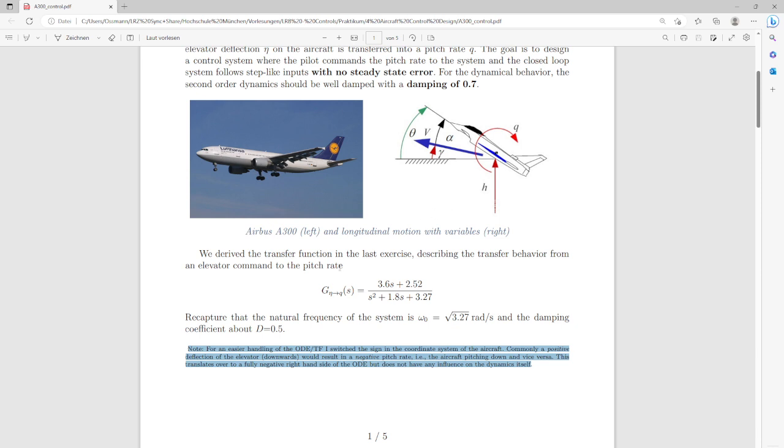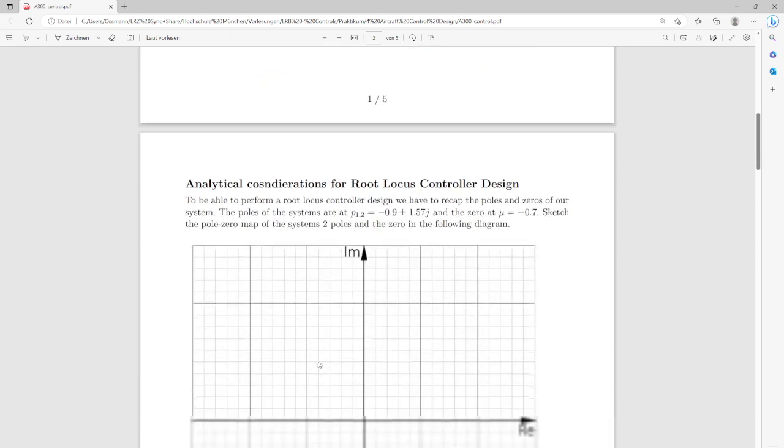You have an explicit sign change which I'm not going to consider here. So for this part, I put in another sign change so that we can work with a negative feedback, right? But just be aware of that if you design an actual controller in practice, or if you're in flight controls, there might be a different sign here which you explicitly need to consider. Nothing serious, but it would be a distraction here, so just change the sign for our convenience.